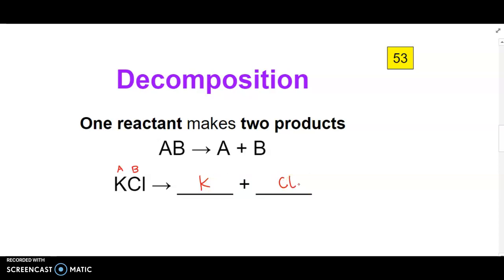The last thing to do in a decomposition when you're getting your two different products is to remember that you've got diatomic elements. So remember Hofbrinkel: hydrogen, oxygen, fluorine, bromine, iodine, nitrogen, and chlorine are all diatomic, which means chlorine needs a little subscript of 2.